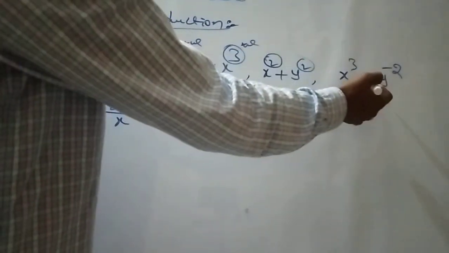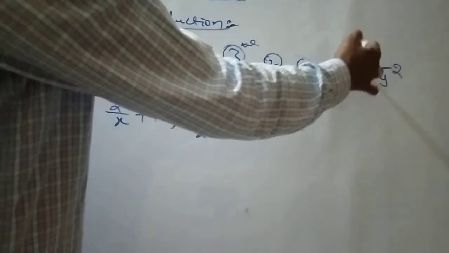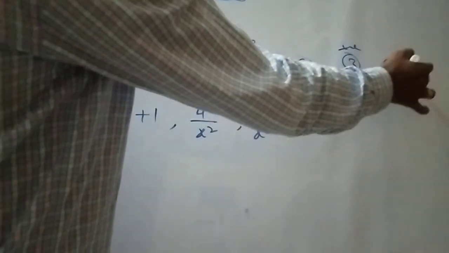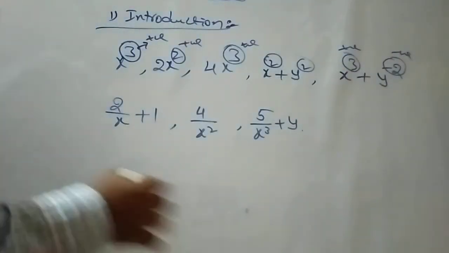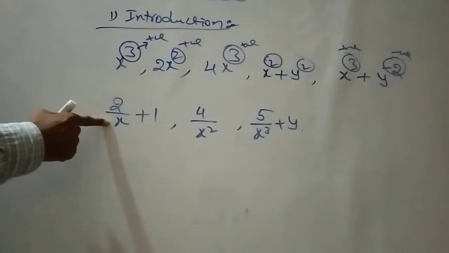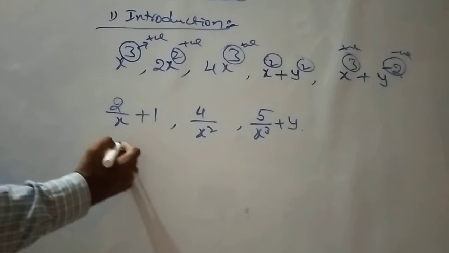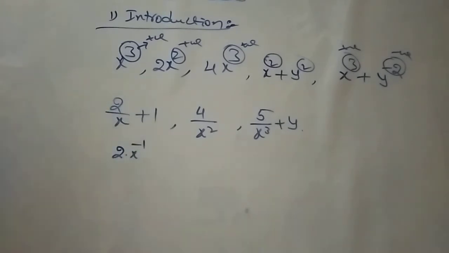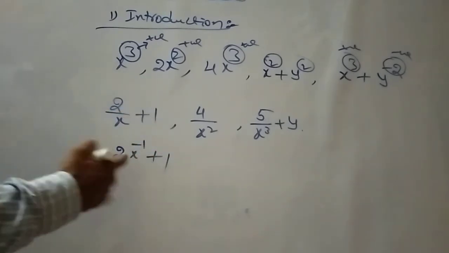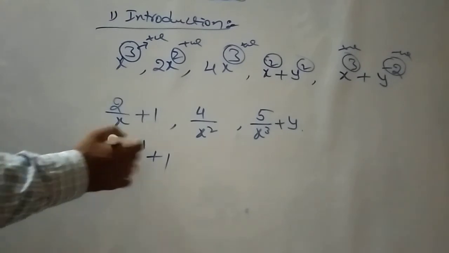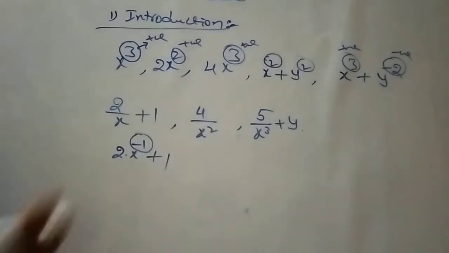Next, in the next example, the first term has a positive exponent, the next term has a negative one. Now in the next line, first one, 2 by x plus 1. 2 by x we can write as 2 into x power minus 1, plus 1. What is the exponent here? Negative powers. In the next also negative. Here also negative.